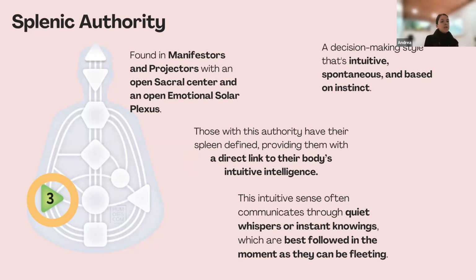So this authority usually shows up more when there's a threat to safety or health. That's usually when people with splenic authority will have a stronger knowing that it's a yes or no for them.